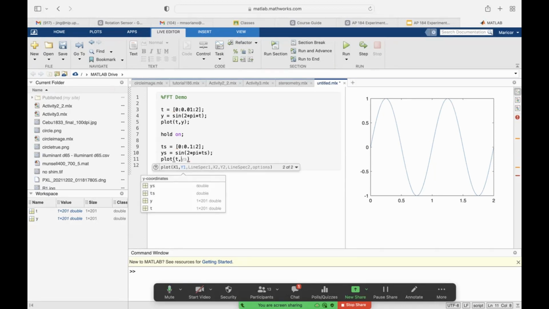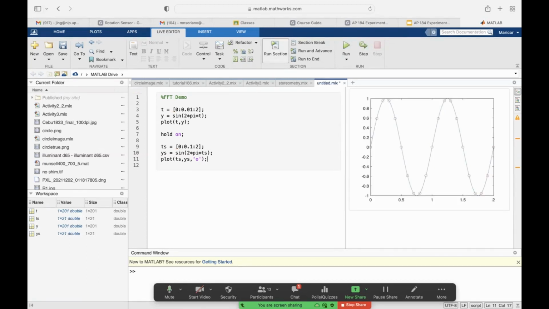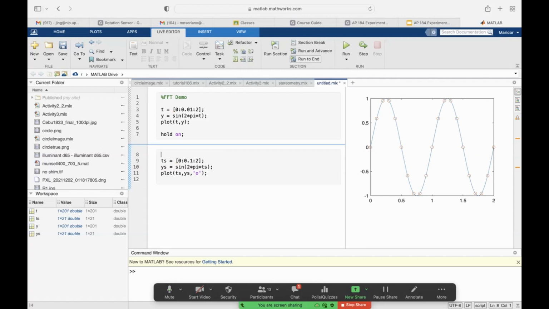But this time, let's plot just the points to indicate that this is discretized. I will run the section again. It would look like this. Okay. Now, teka, lagyan ko na pala ng section break. Section break. So para ito na lang ulit-ulitin natin.